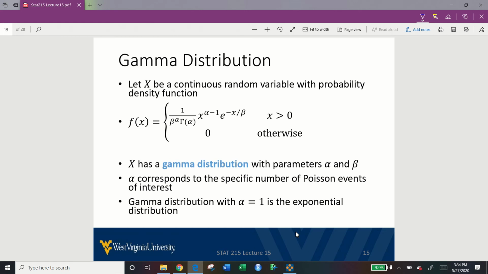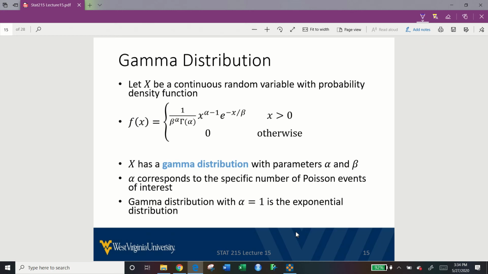Notice x has a gamma distribution with parameters alpha and beta. Alpha corresponds to the specific number of Poisson events of interest. The gamma distribution with alpha equal to 1 is the exponential distribution.